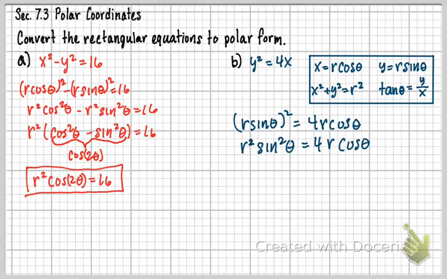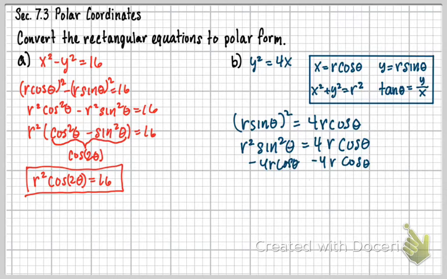So again, I'm going to try to get these r's on one of the sides and equaling some function of theta if possible. Like for the last one, we couldn't because we ended up with an r squared. But we'll play around with this one and see what we can come up with. So I'm going to subtract 4r cos theta from both sides.